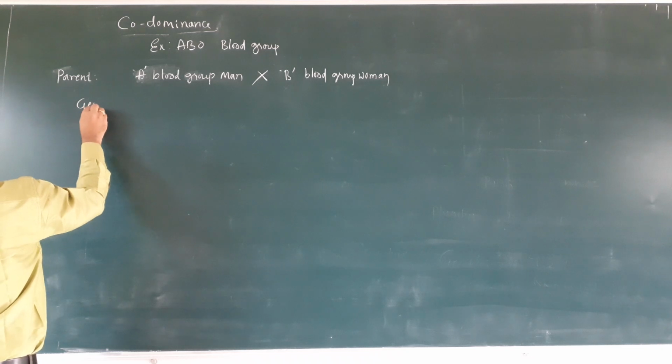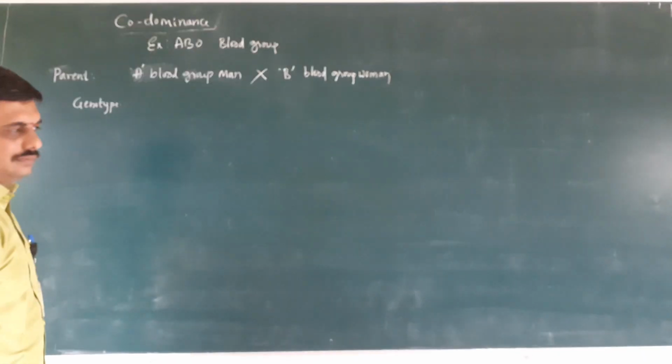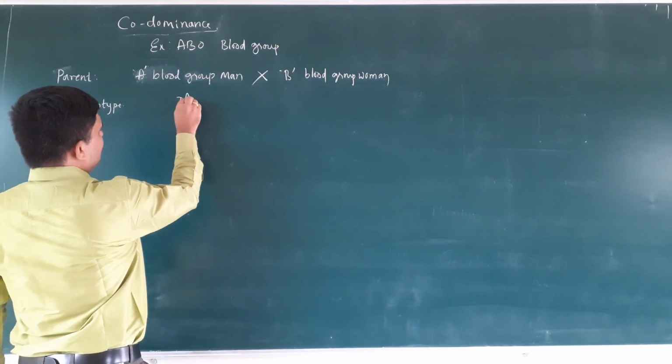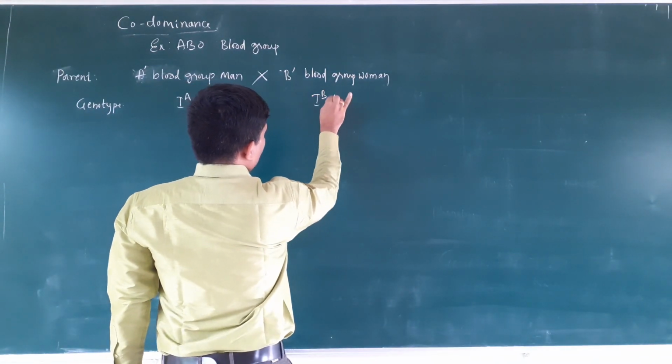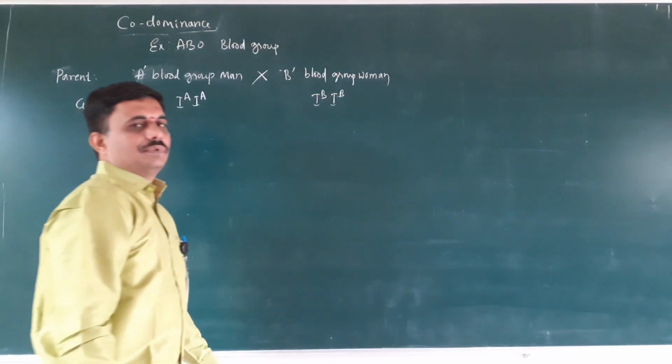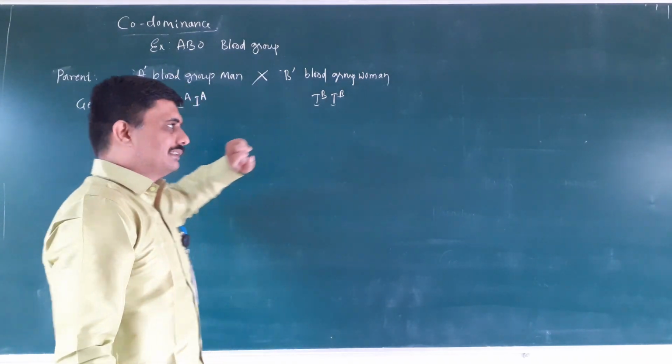For the A blood group, you should have the genotype in the homozygous condition, and also for the B blood group you should have the genotype in the homozygous condition.